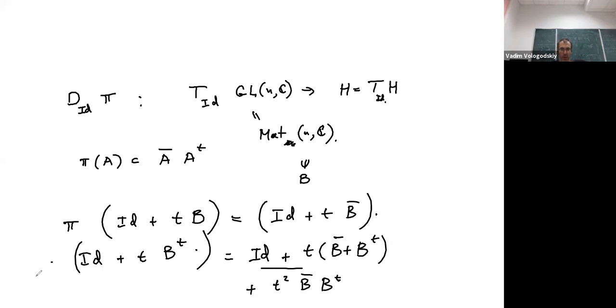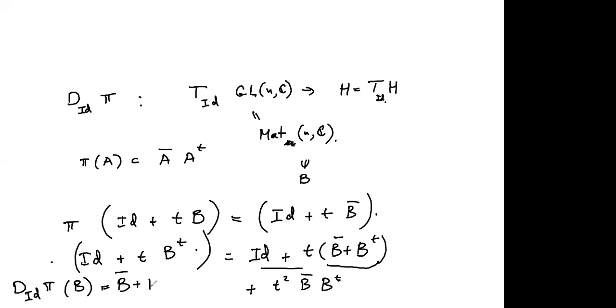So now what we conclude from this is that the derivative of pi applied to B is just this term, B bar plus B transpose, dt.